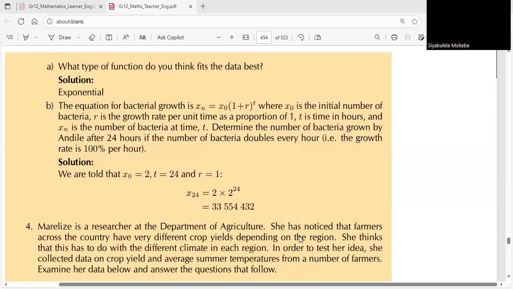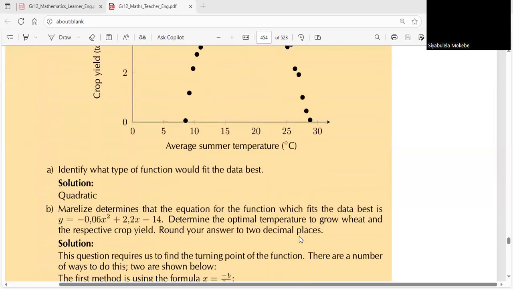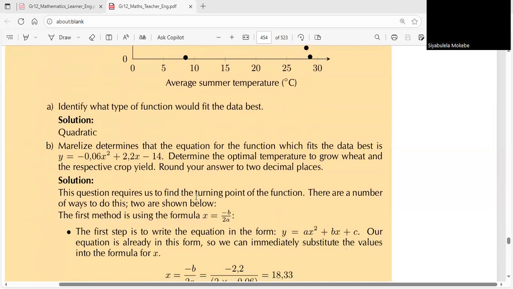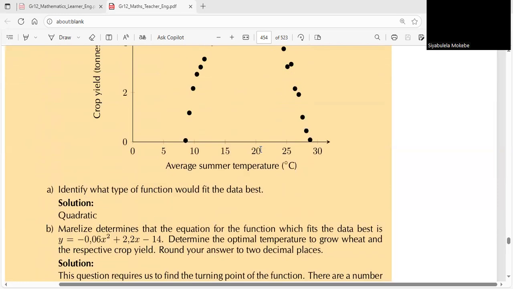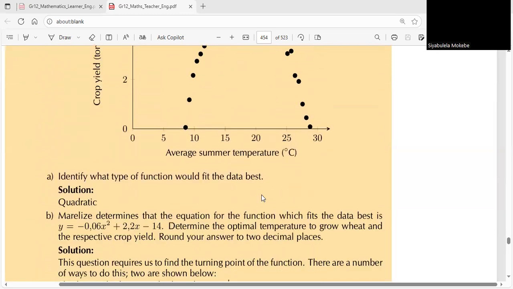Okay. Then number 4, quadratic. Marellis determines that the equation for the function is this. Determine the optimal temperature. The optimal temperature is the turning point of the function.